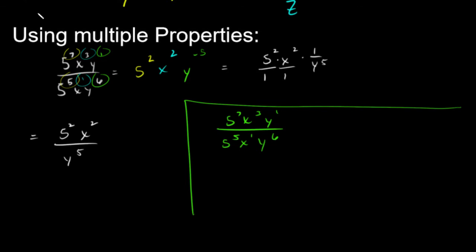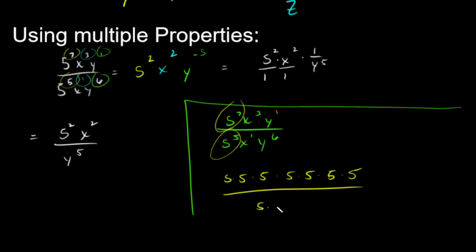All right, so what we do is imagine. This is all about using your imagination to expand these. Imagine that you had expanded 5 to the 7th and 5 to the 5th, okay? So you've got 5 to the 7th, so you have 7 5s up here. And then you had 5 of them down here. Imagine you had expanded them.